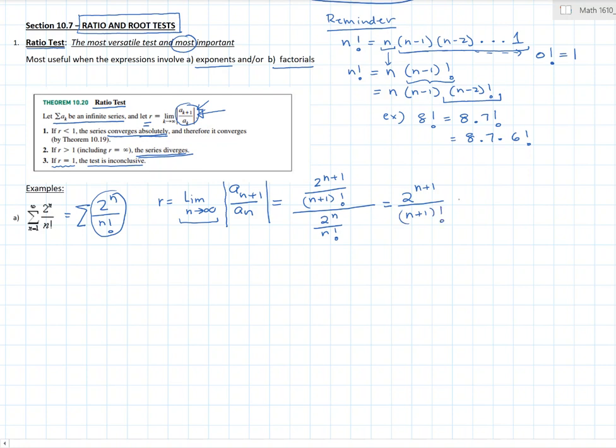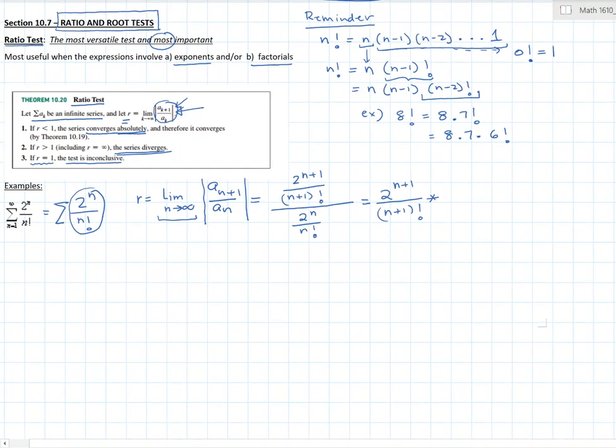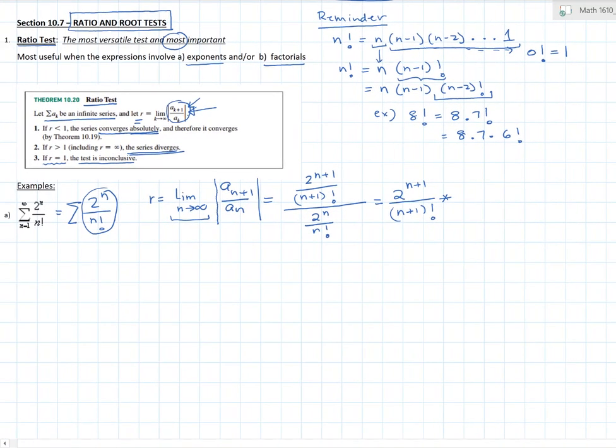Dividing a fraction by a fraction basically means you multiply by the reciprocal of the denominator. So that would be n factorial over 2 raised to the power n. Now after this we have to do some algebra, and very soon you'll get used to it, to clean it up and then take the limit.